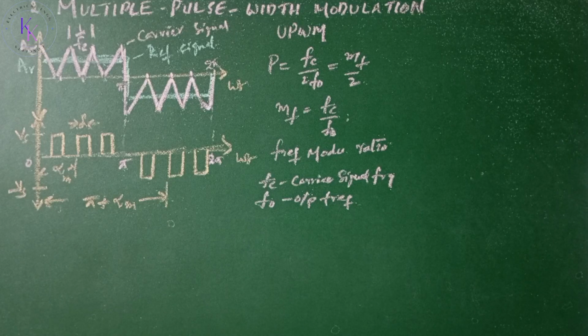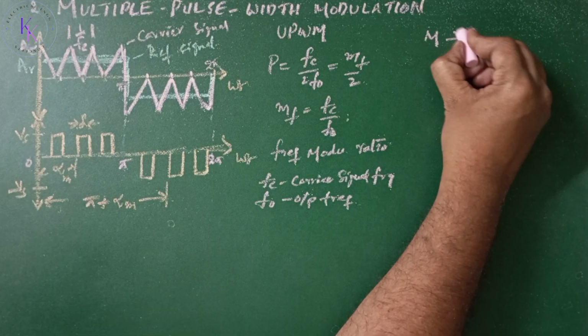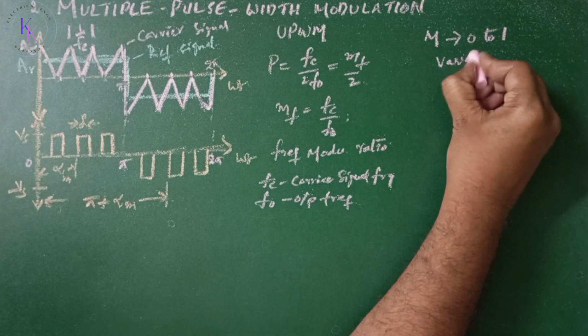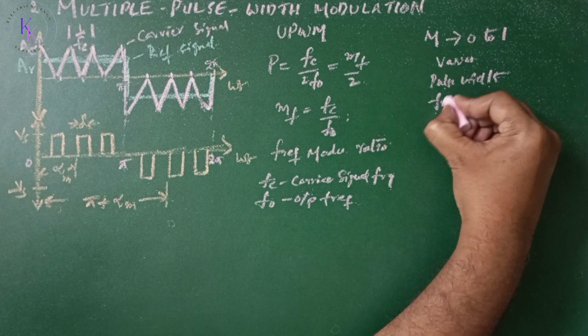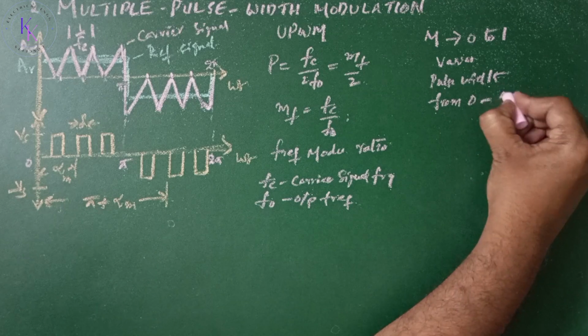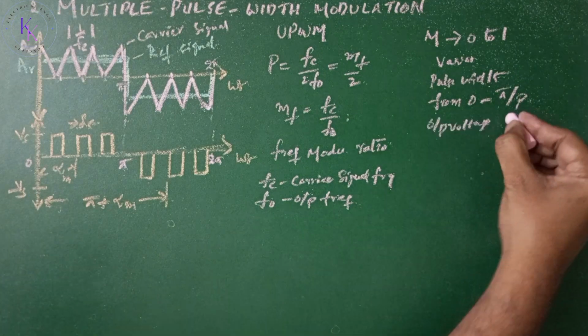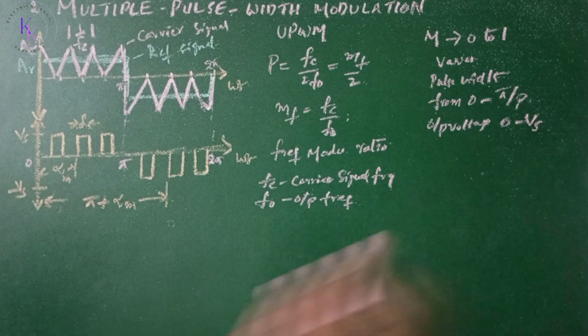The variation of modulation index M from 0 to 1 varies pulse width from 0 to pi by P, and the output voltage from 0 to Vs.